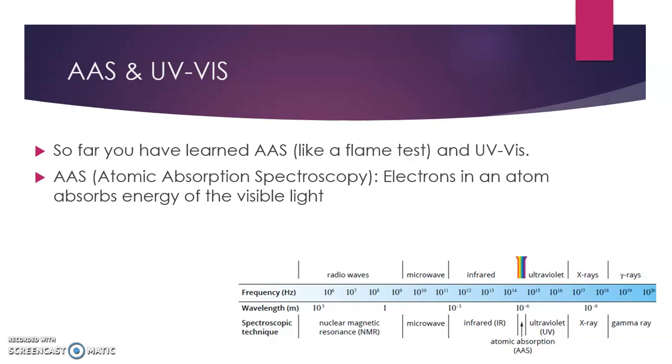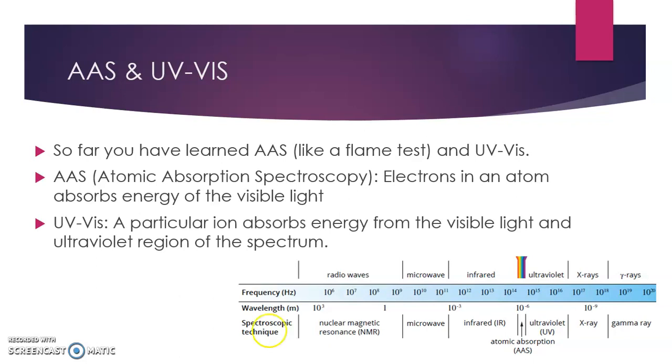Since they absorb energy from visible light, when they give out that energy, we can see different colored lights. So in AAS, electrons absorb visible light and jump up; when they come down, they release that energy so we can detect it. Different atoms have different electronic configurations, and therefore they absorb different amounts of energy, jump to different levels, and give off different colored lights when they return.